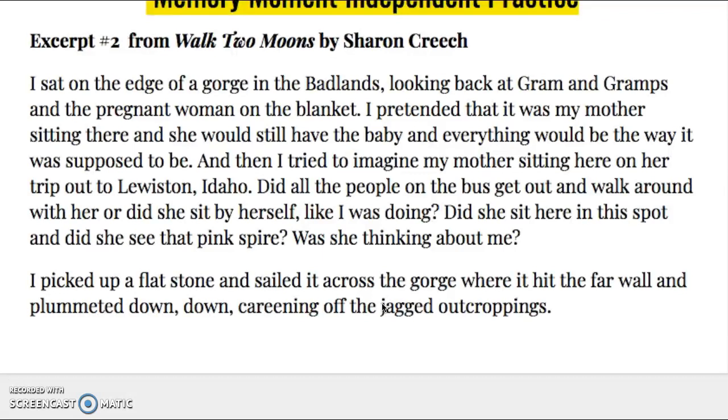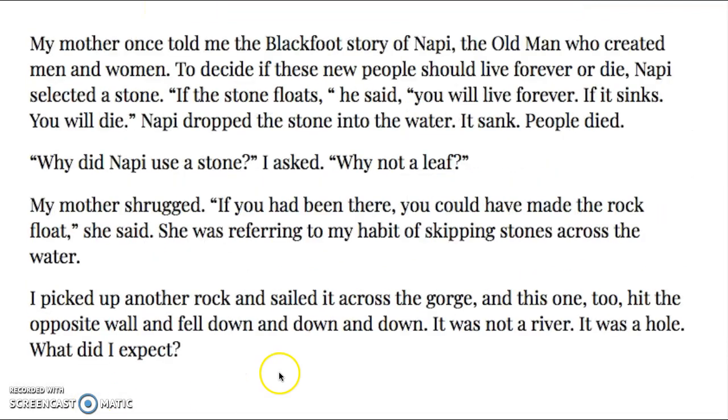I picked up a flat stone and sailed it across the gorge where it hit the far wall and plummeted down, down, careening off the jagged outcroppings. My mother once told me the Blackfoot story of Napi, the old man who created men and women. To decide if these new people should live forever or die, Napi selected a stone. If the stone floats, he said, you will live forever. If it sinks, you will die. Napi dropped the stone into the water. It sank.